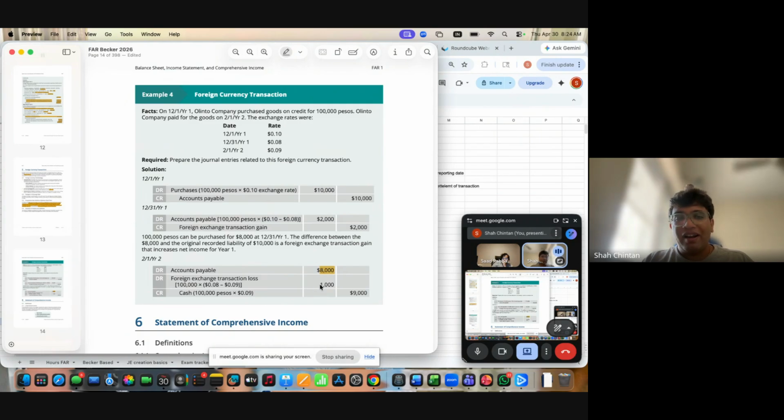You have a realized foreign exchange loss of 1,000, to cash 9,000 what you paid. So this is how the foreign exchange transaction actually works.